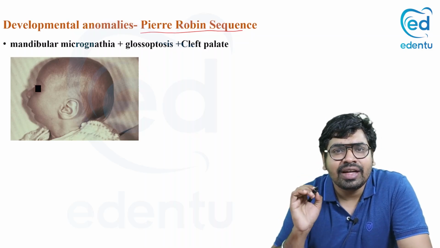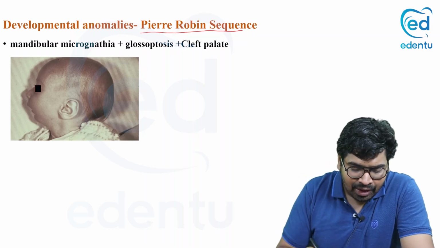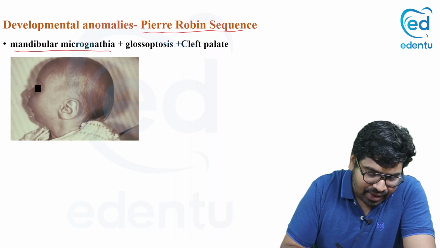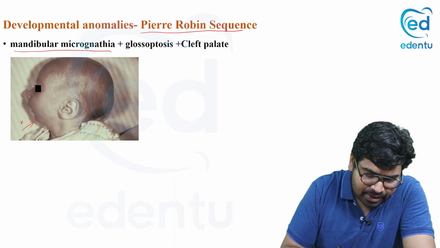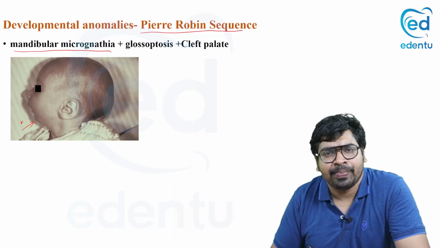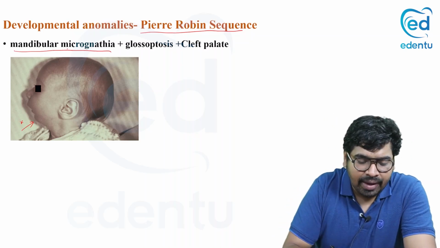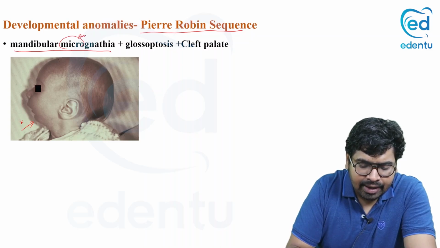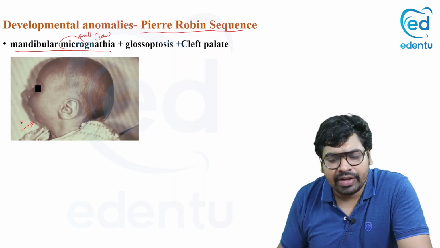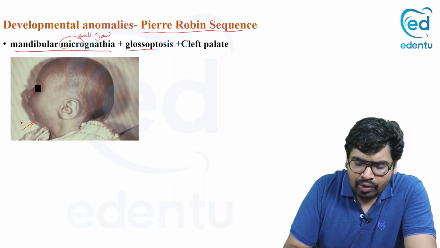Okay, so what's there in Pierre-Robin syndrome? There is mandibular micrognathia. See this child, you can see this picture. The mandible here is very small. Micrognathia. Micro is small and gnathia is jaw. Okay, small jaw. The mandible is very small, and glossoptosis is there.